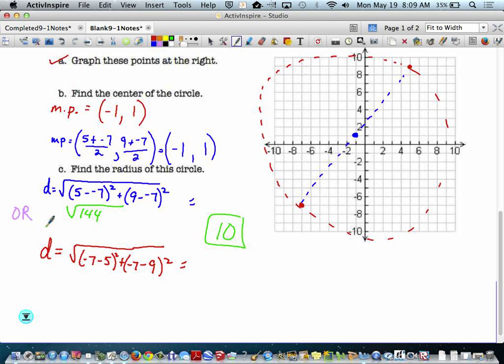What's 16 squared? 256. It's going to be way more than 10. 144 plus 256 is 400. Square root of 400 is 20.